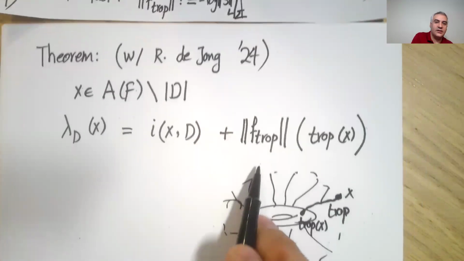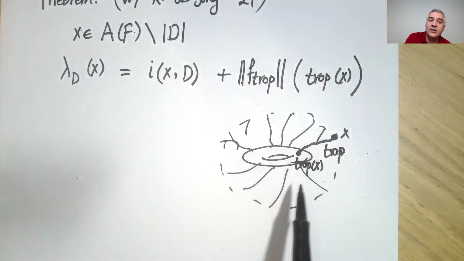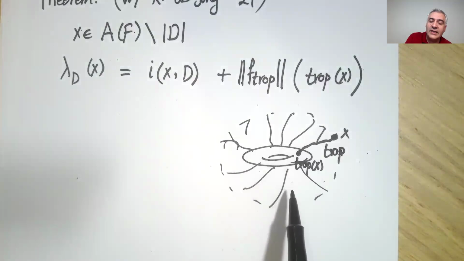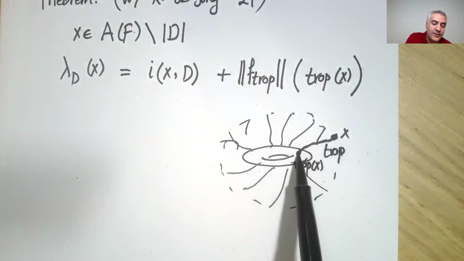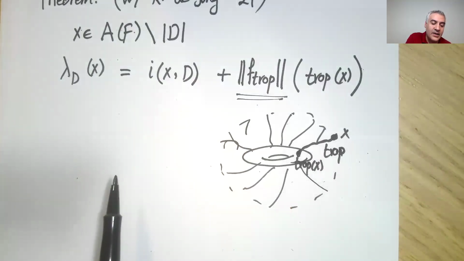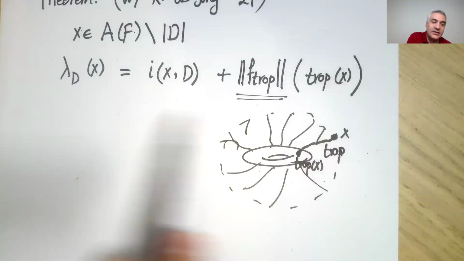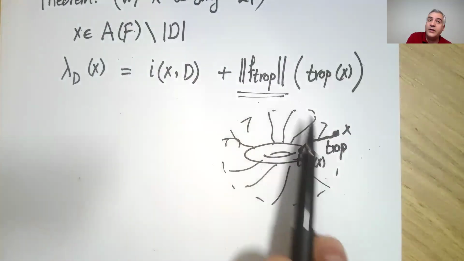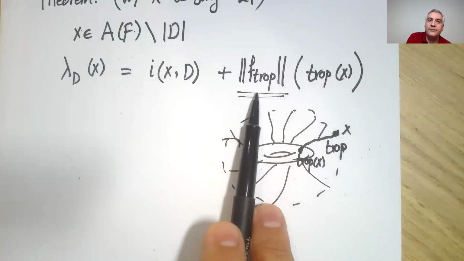So this is the picture of the tropical or Berkovich abelian variety that I had drawn before. I said there is a tropicalization map that brings down classical points to this real torus. And then I said there is this map on the real torus that can give you real numbers. And the second term in this lambda d is going to be a tropical contribution. You bring it down, then you hit it with this function.